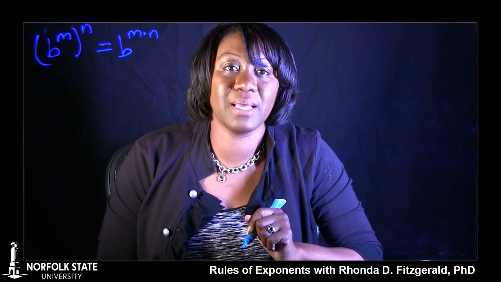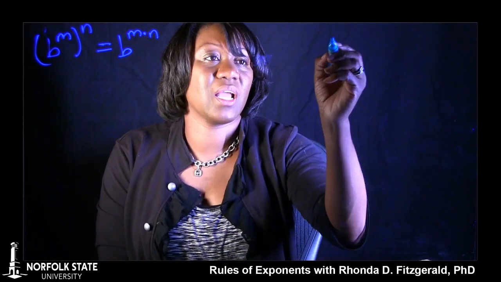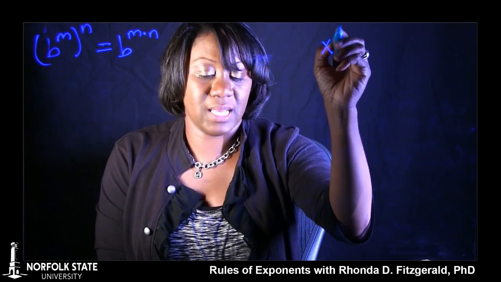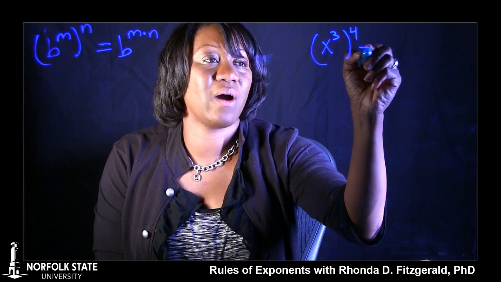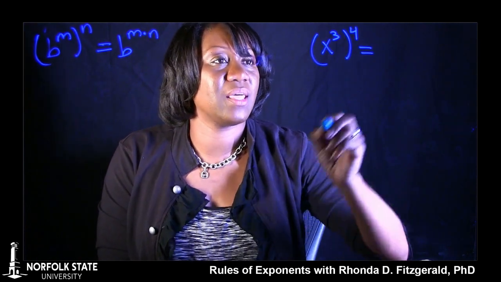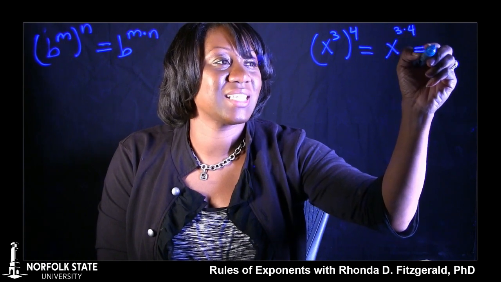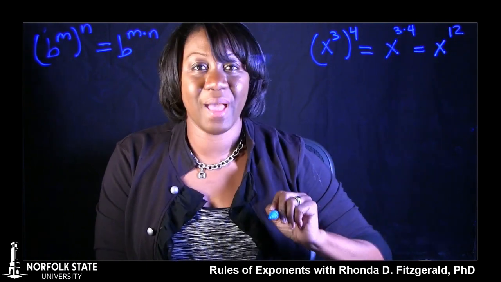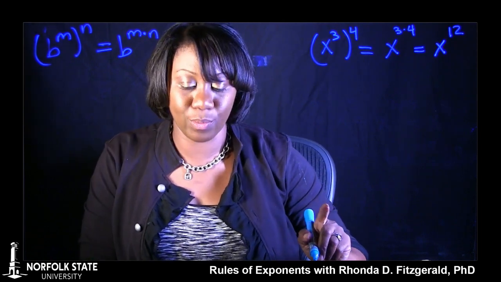Let's look at an example here. If we had x to the 3rd power raised to the 4th power, here we would end up with x to the 3 times 4, which is x to the 12th power in that example.